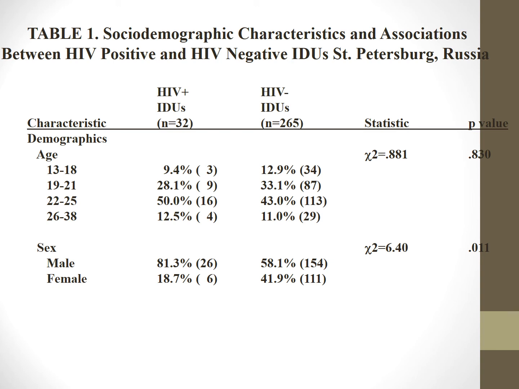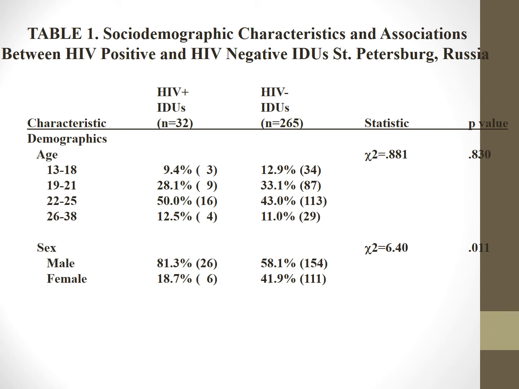But I was interested in what are some possible significant differences between those groups. So if you look at the p-value on the right-hand side, by age category, there was no significant difference. And you can also see I put both the percentage and the actual number, which is in parentheses.